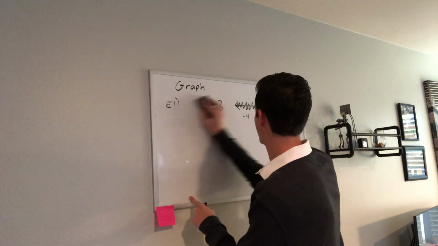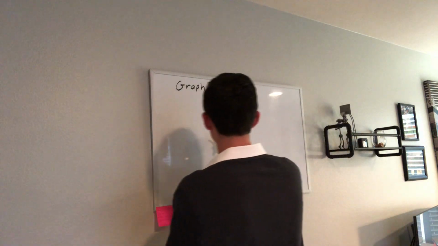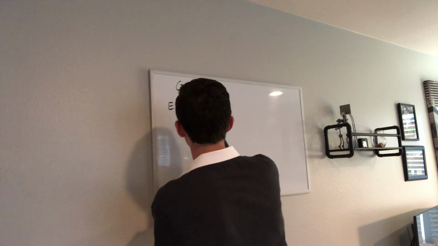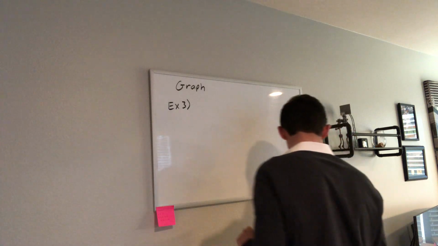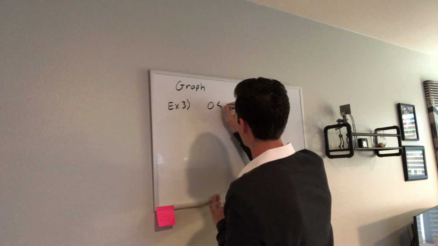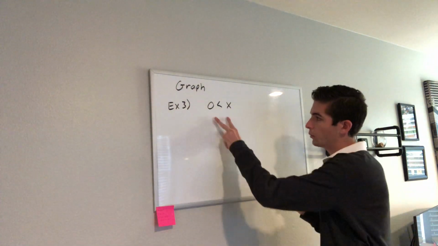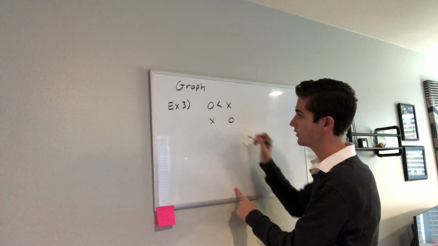Example 3. Example 3, we have 0 is less than x. Right, so same thing. We want to turn this around. So we're going to put an x here, a 0 here.